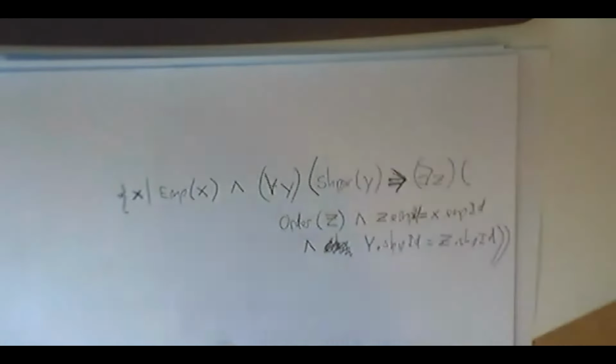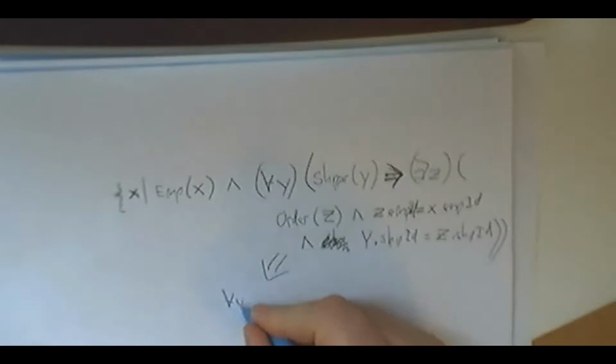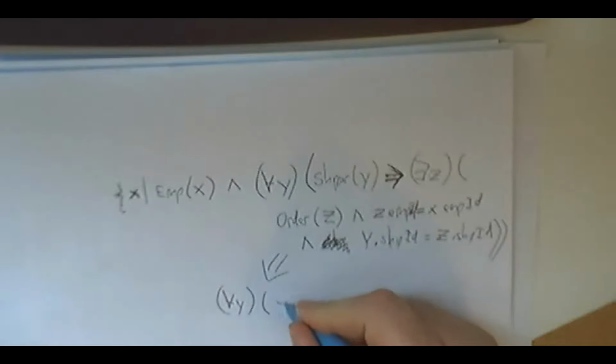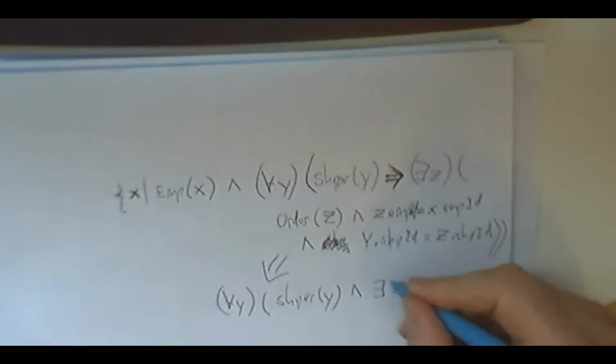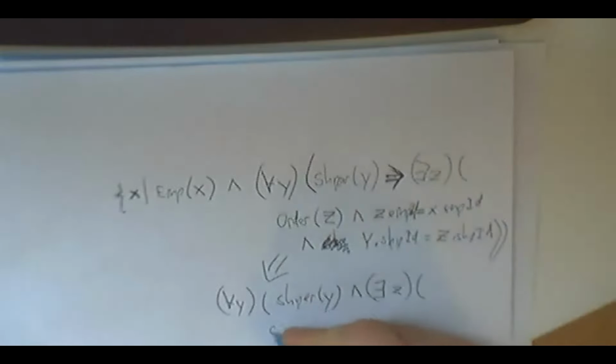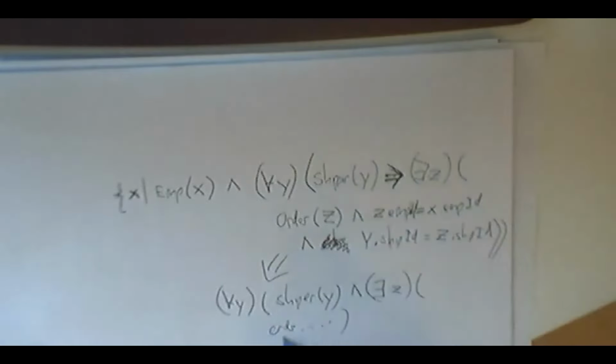A lot of times you'll see students write this like this. They'll say for all Y, shipper Y, and there exists Z, and then the rest of this stuff right here gets repeated down there.